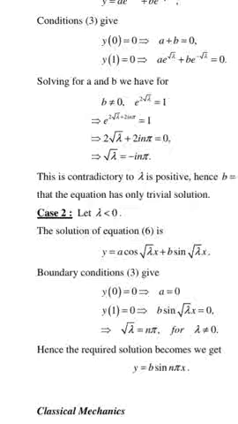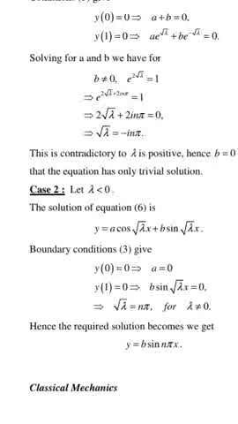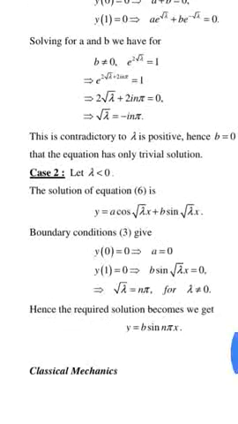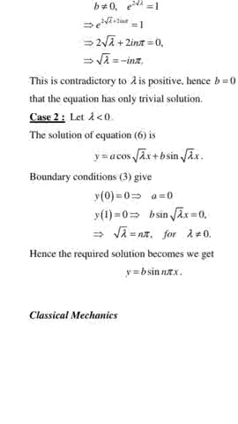Second case, let lambda be less than 0. The solution of the equation has imaginary roots. If the roots are complex, then y is equal to a cos of square root of lambda x plus b sine of square root of lambda x. Boundary condition 3 gives y of 0 is equal to 0, therefore a is equal to 0. y of 1 is equal to 0, therefore b sine of square root of lambda is equal to 0.